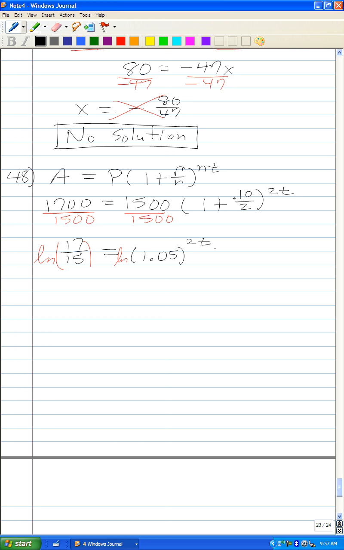By the properties of logarithms, I can bring the 2t out in front. Let me solve for t. So let me divide both sides of my equation by 2 ln 1.05.